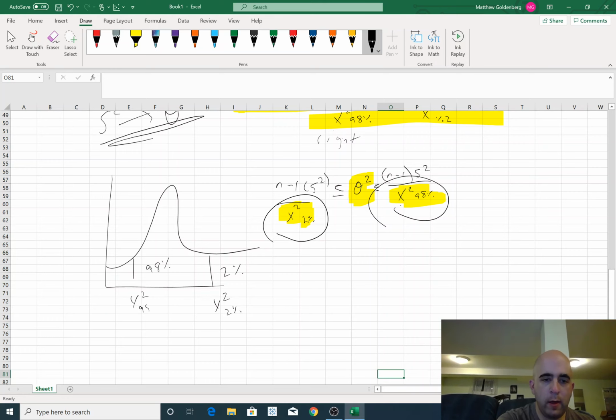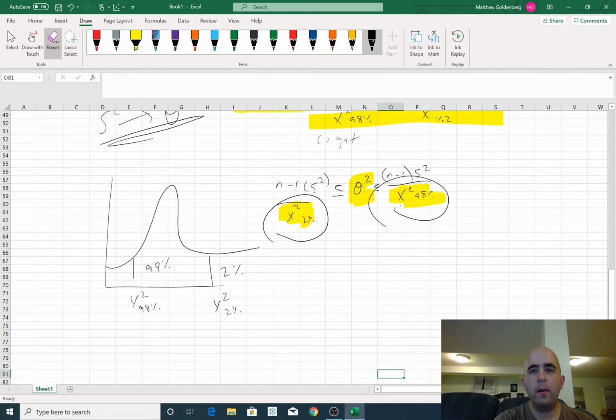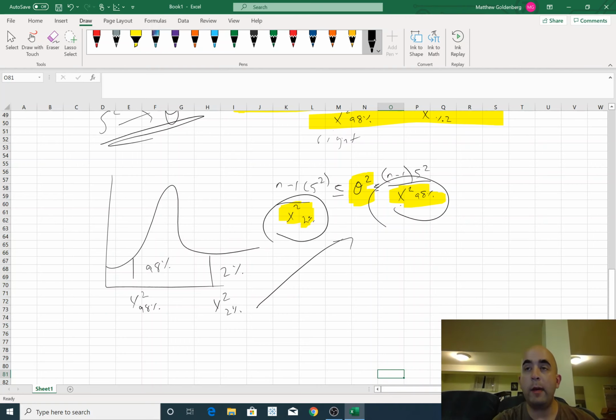But because of how the math works, because this distribution is only positive, we have to flip them in when we calculate the confidence interval.